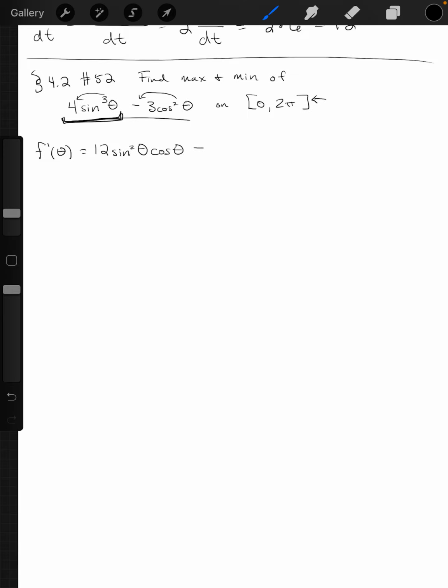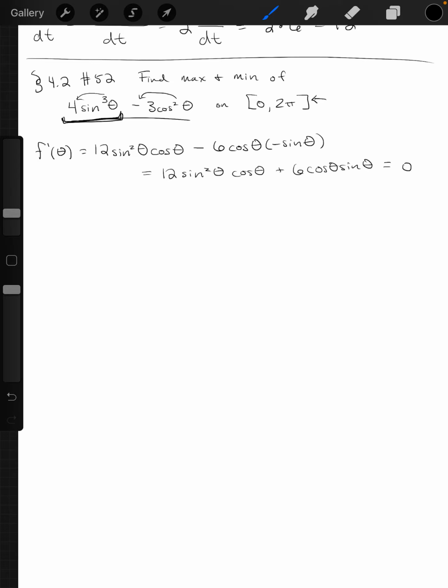We're going to do the same thing over here. We're going to bring that 2 forward and drop the power down to 1. But then, since it wasn't an x that was being squared, it was a cosine, we need to multiply by the derivative. So we get 12 sine squared theta cosine theta plus 6 cosine theta sine theta.